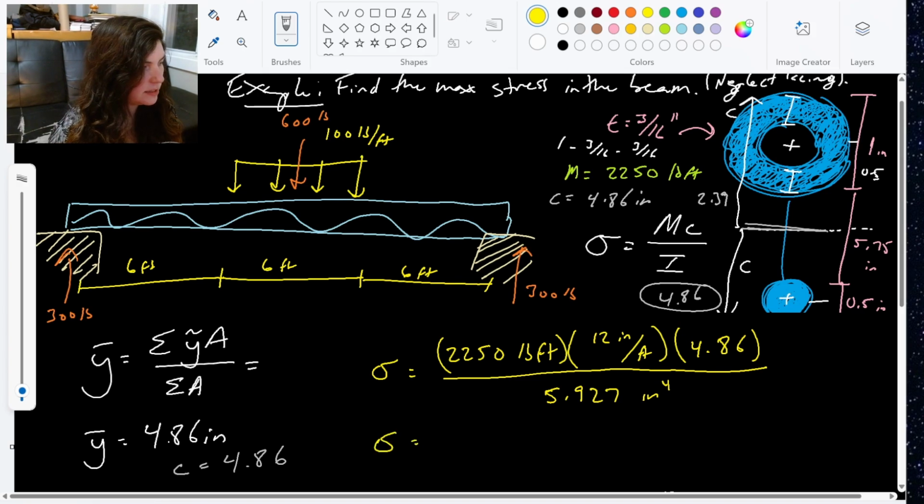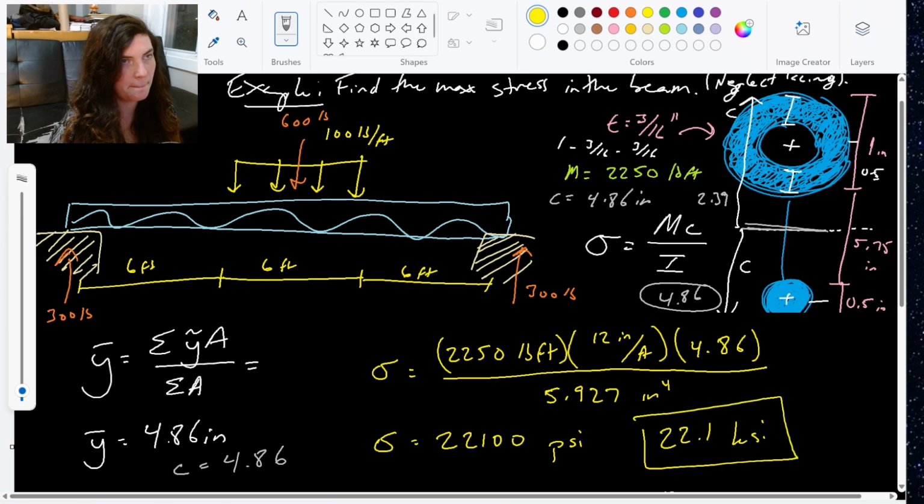Put all of that into my calculator, and I get 22,000 PSI, or 22.1 KSI as my max stress in there.